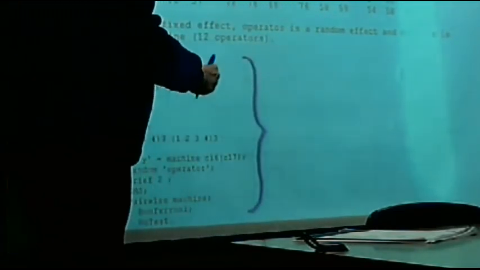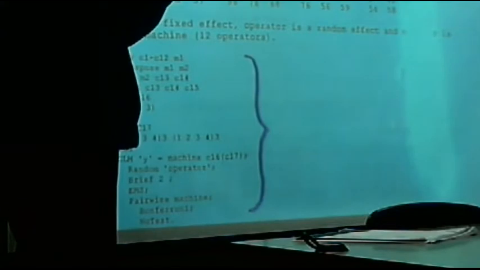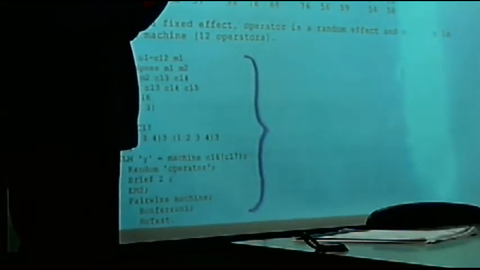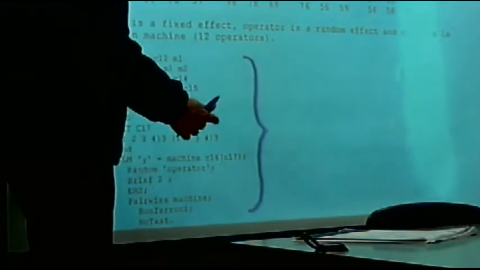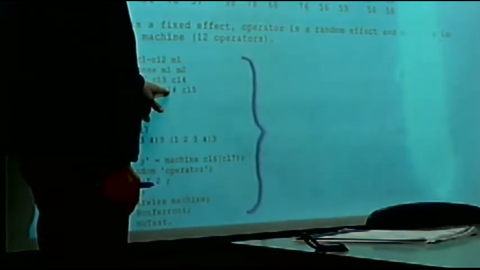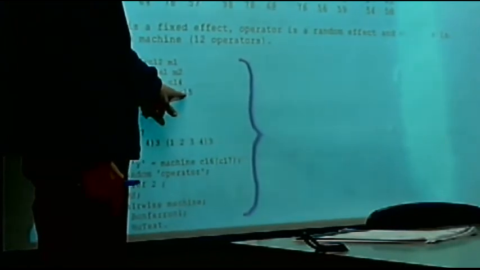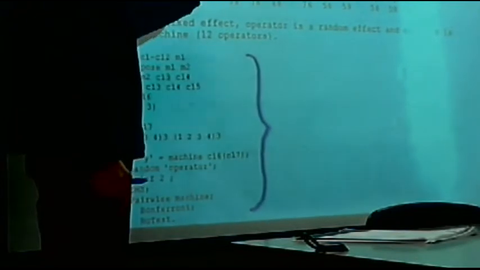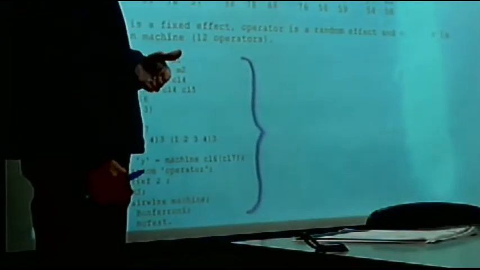So this first row is the contents of C13, and the second row is the contents of C14. Now that I've got these two columns here, what I can do in Minitab is stack one column on top of the other with the stack command. So I'm plowing away: stack C13 on top of C14, and store the answer in C15. So now, finally, in C15, I have the original data arranged in one column.